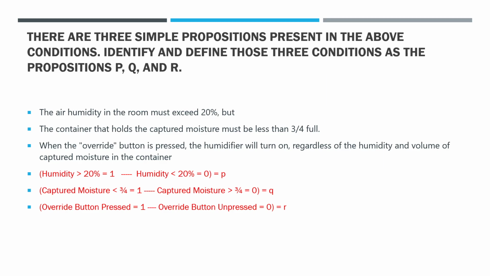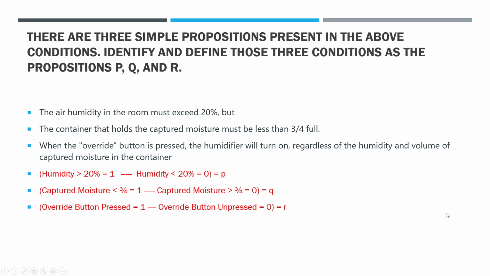For Q, captured moisture in the container less than 3/4 equals 1, and captured moisture greater than 3/4 equals 0. And for the last condition, override button pressed equals 1 and override button unpressed equals 0, and this is R.